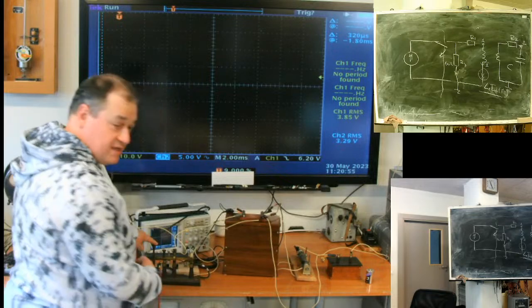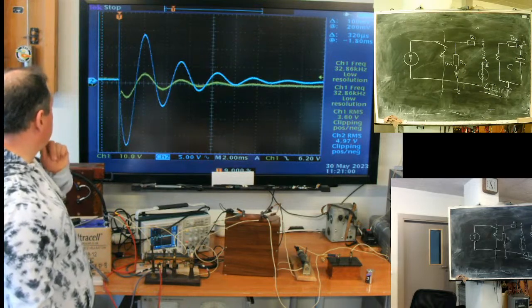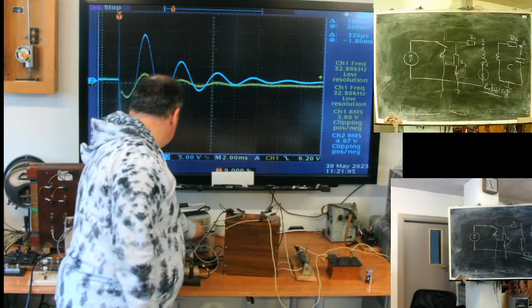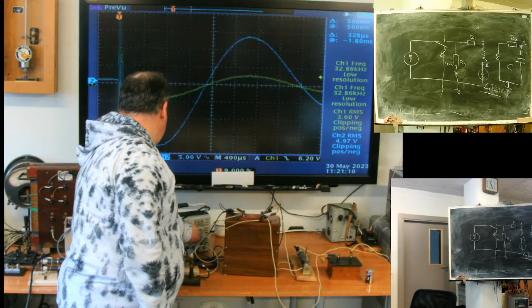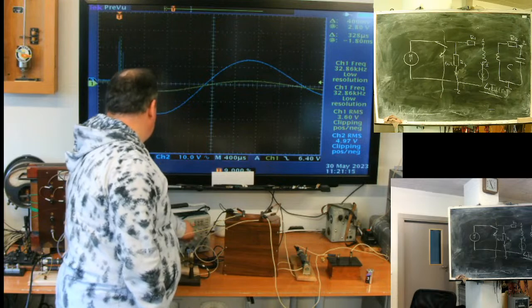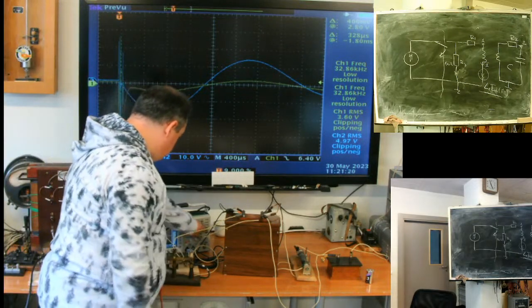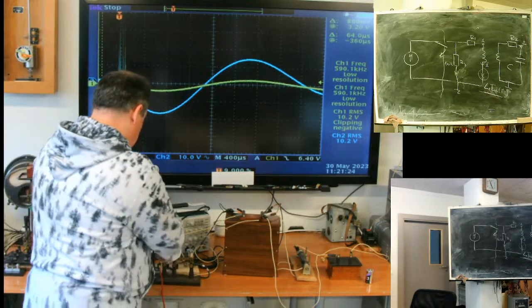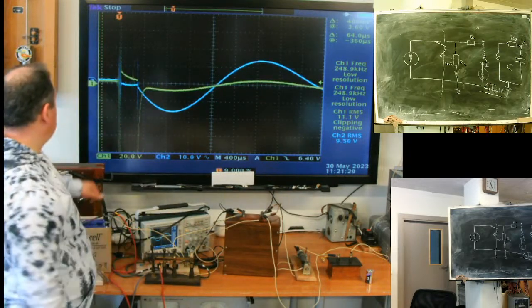I have this nice release switch. And what did we get? Maybe I need to change the scale of the yellow signal. Not ideal. Can you see?